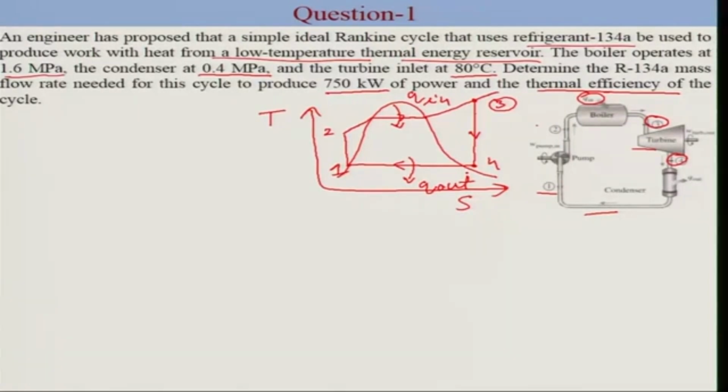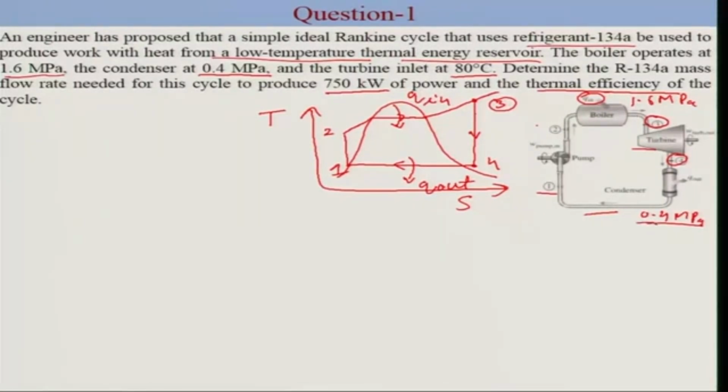So it is given that initially a condenser is working at 0.4 megapascal. So this is the pressure of state 1 and reboiler is working at 1.6 megapascal. So this is the pressure at state 3.